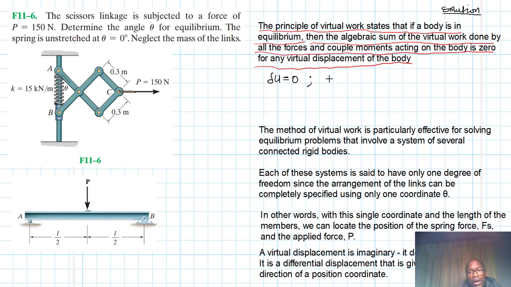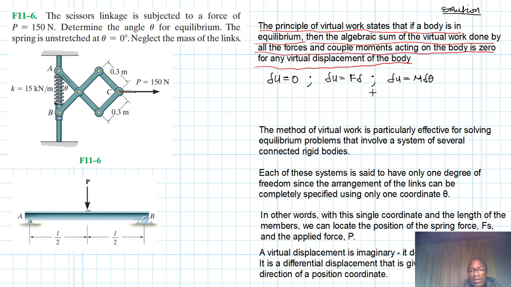Let's say we have the total work due to the translational forces F del, let's call del as translational, either in the vertical or horizontal, and let's say del U due to the couple moments M del theta is another quantity of work.